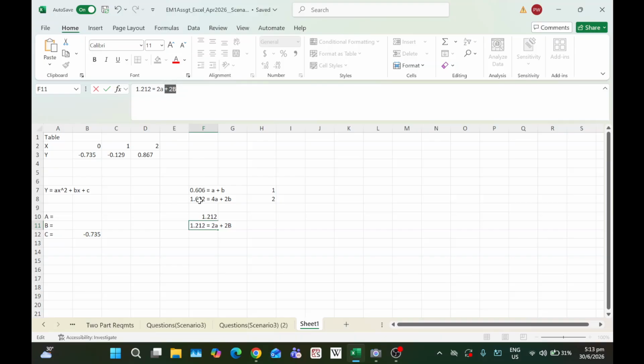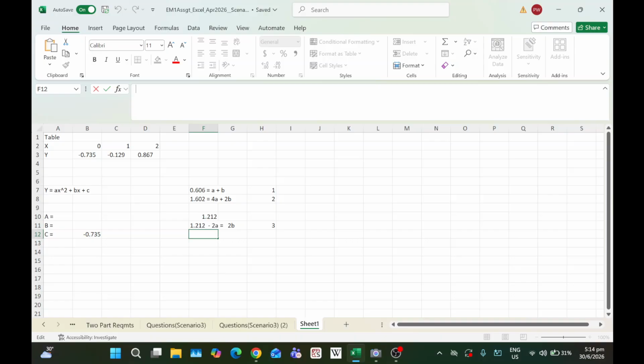Actually, no, I don't need to change this. Oh yeah, I do need to change this. Change it to move the a over, so it will become 1.212 minus 2a equals positive 2b.